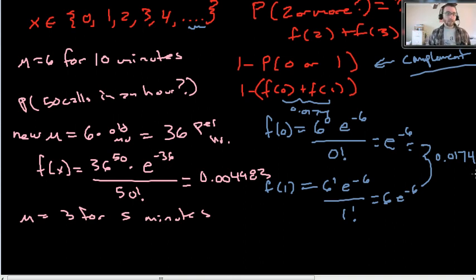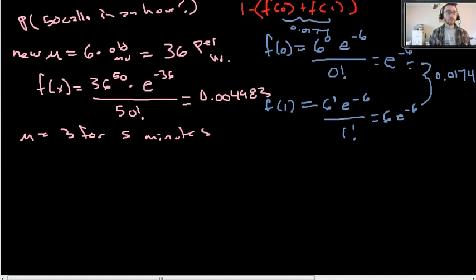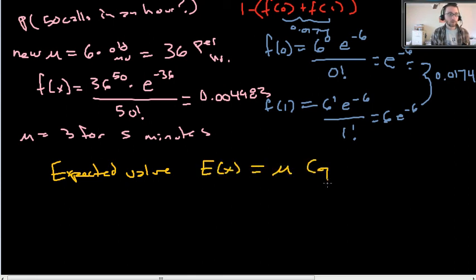Last thing I want to tell you guys is the short way to get expected value. The expected value is almost always given in these scenarios. You use the relative frequency method a lot of times to calibrate this. So the expected value of x equals mu, which is given. To calculate the variance, sigma squared, the Poisson has a unique property that it is also equal to the mean.